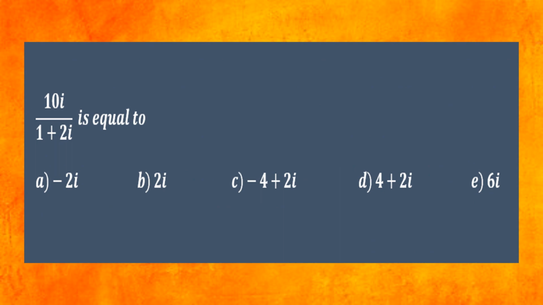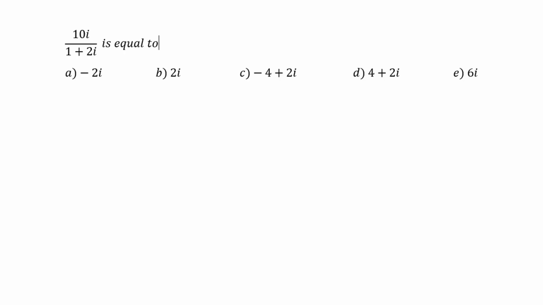The next question is 10i divided by (1 plus 2i) is equal to: choices minus 2i, 2i, minus 4 plus 2i, 4 plus 2i, 6i. Here take the complex number Z equal to 10i by (1 plus 2i). Then multiply the numerator and denominator with the conjugate of the denominator, that is 1 minus 2i.